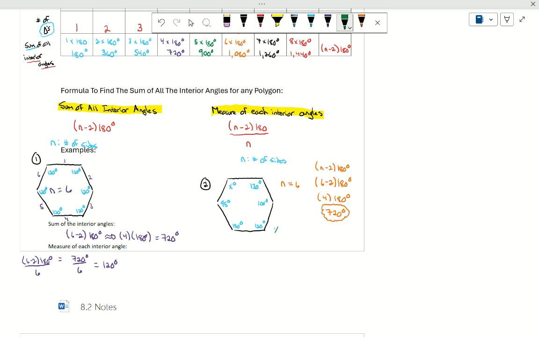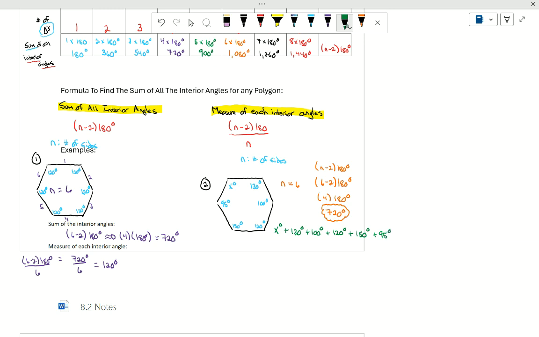So in other words, the angle where the x is, plus the 130 degree angle, plus the 100 degree angle, plus the 120 degree angle, plus the 150 degree angle, plus the 95 degree angle.